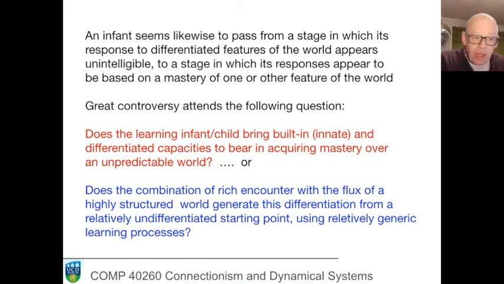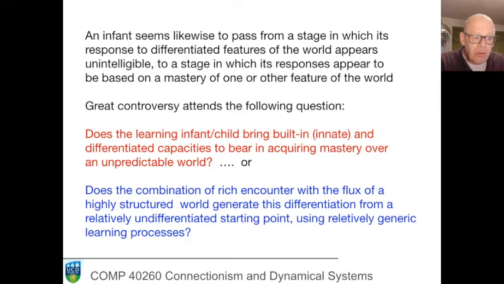So on the one side, we have the suggestion that the child is born with a great deal of internal specificity, with a kind of a set of innate and differentiated capacities, which only need to be fine-tuned through exposure to the world. That would be what we're going to call the rationalist perspective.